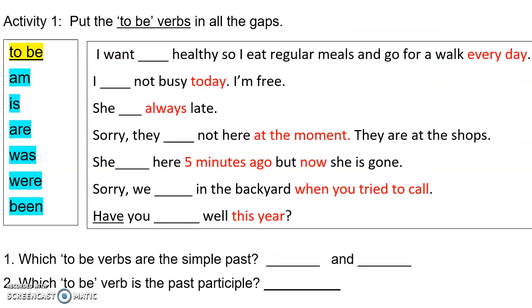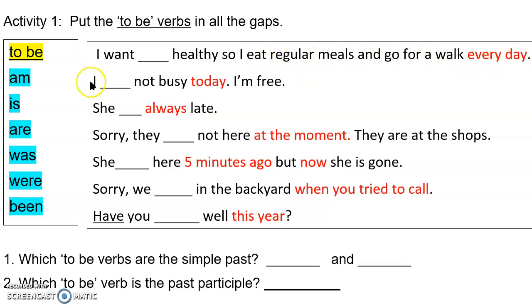This is our first activity. You can pause the video and see if you can put the to be verbs in all the gaps. So I want something healthy. So I eat regular meals and go for a walk every day.